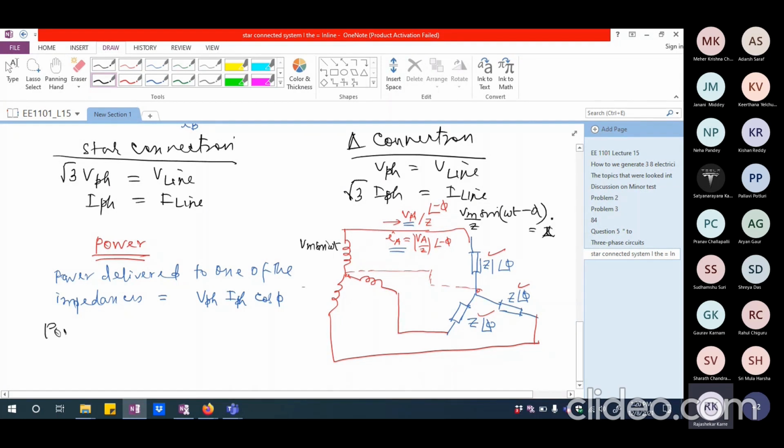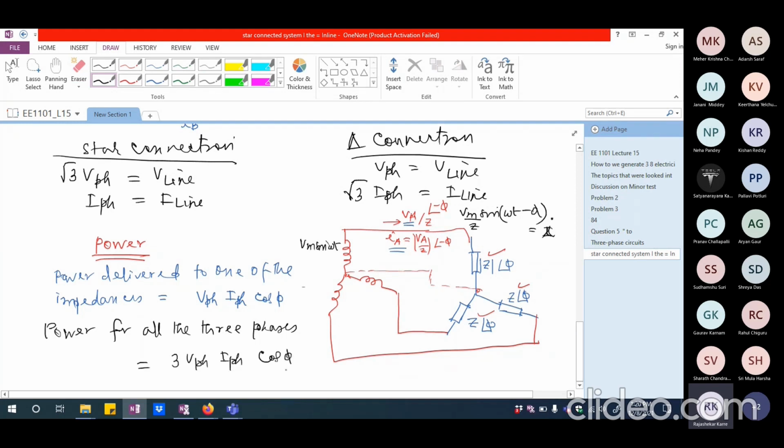So power for all the three phases, if I try to write power for all the three phases, that will be 3 times V phase, I phase multiplied by cos phi.